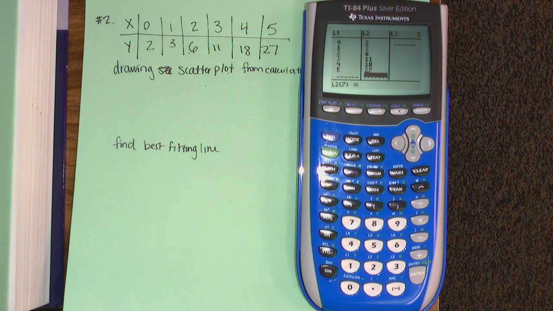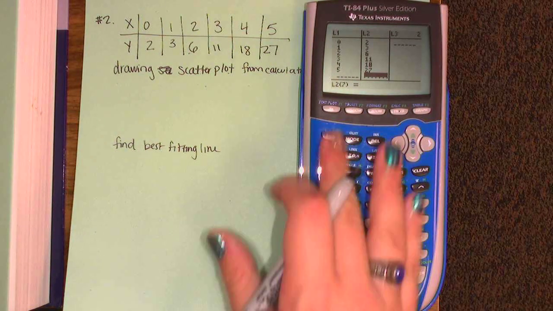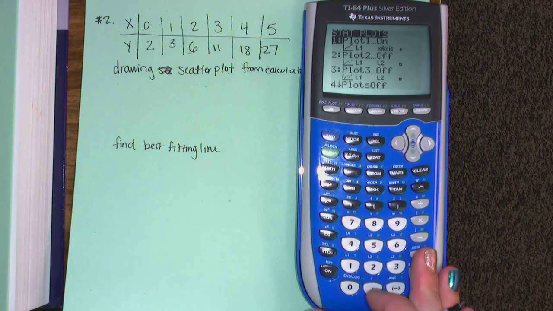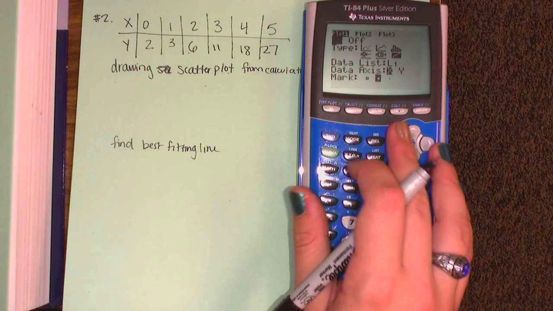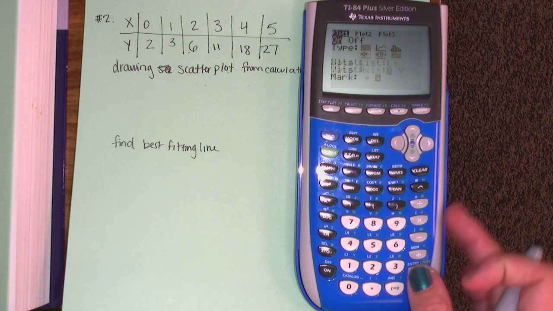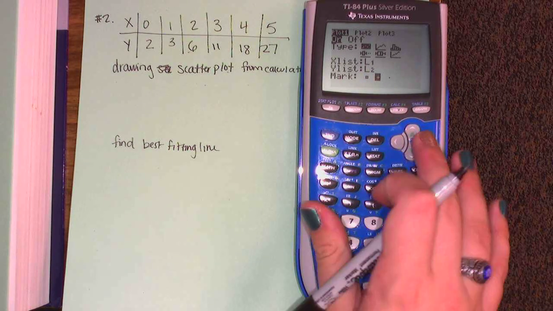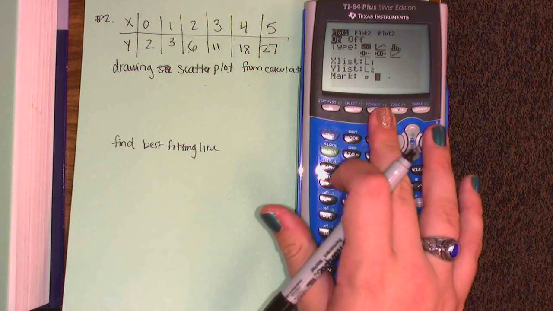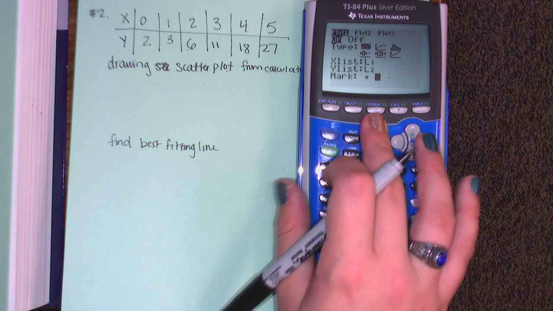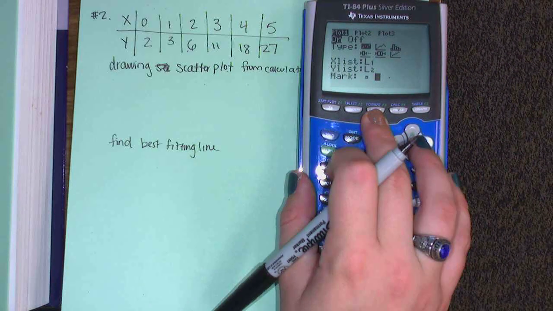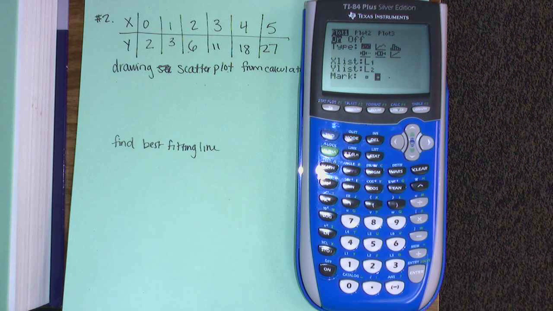Once you do that, you're going to hit second, stat plot. Make sure your plot is on and set to the right type, scatter plot, the first one.